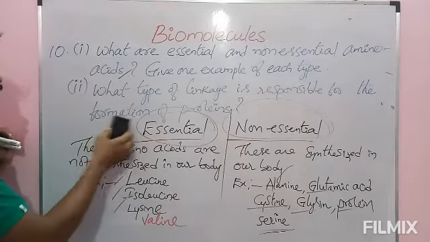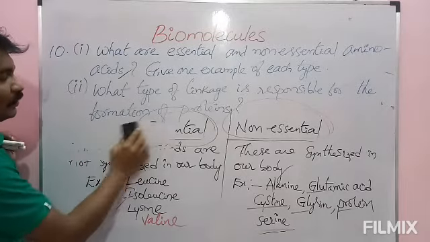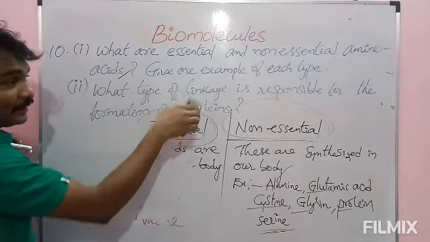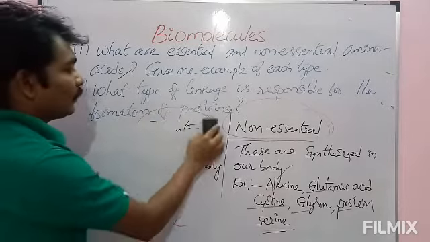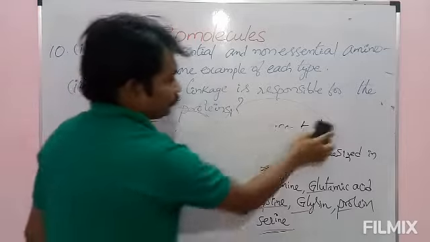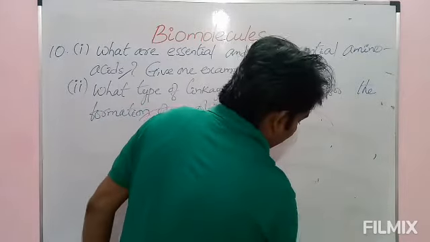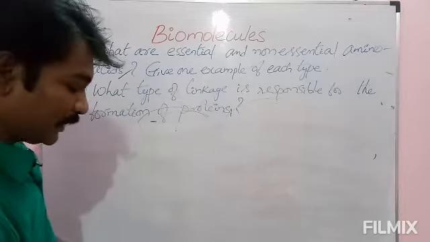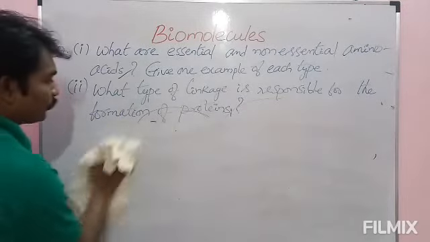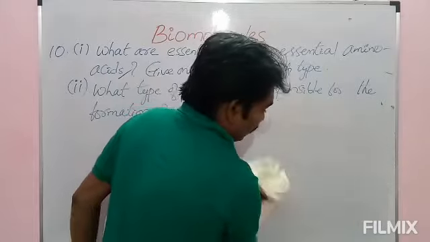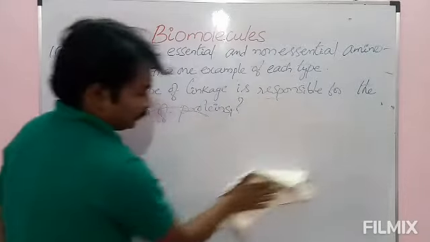One more question is there: what type of linkage is responsible for formation of proteins? See here, what are proteins? Proteins are nothing but polymers of amino acids. First I will write the structure of an amino acid, a single unit.